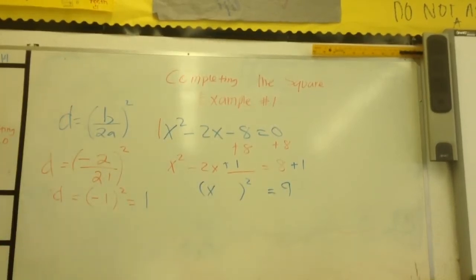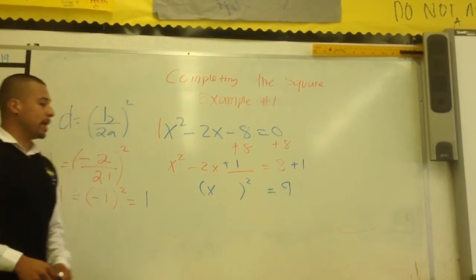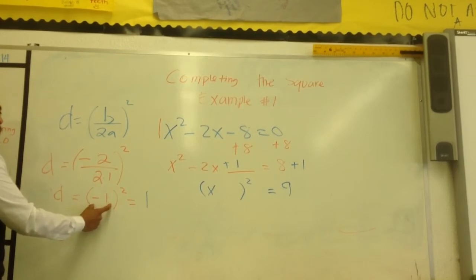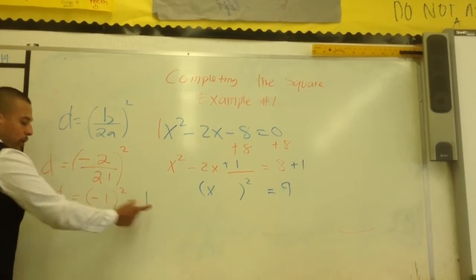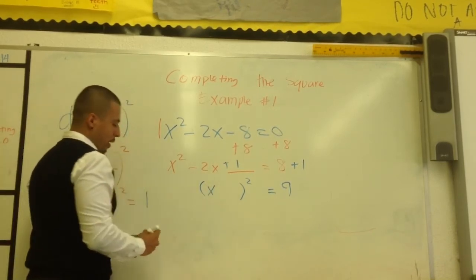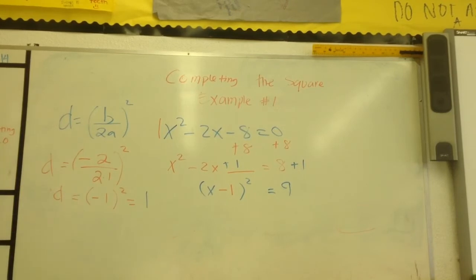X plus 1. Isn't it x minus 1? It's supposed to be x minus 1 because it's the number that used to be inside the parentheses. Not this one, instead it's this one. So I'm going to put in here, and I'm going to color code it, minus 1.